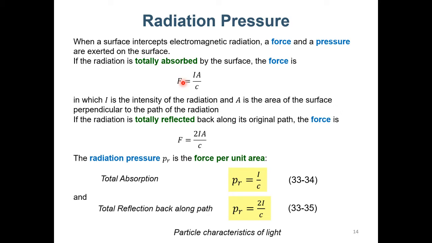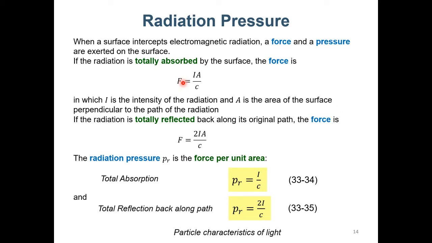And of course, this is an EM wave, so the speed entering and going back should be the same. It should be the speed of light. So in that case, this force should be F equals IA over c. The intensity of this radiation shouldn't change because it is totally reflected.